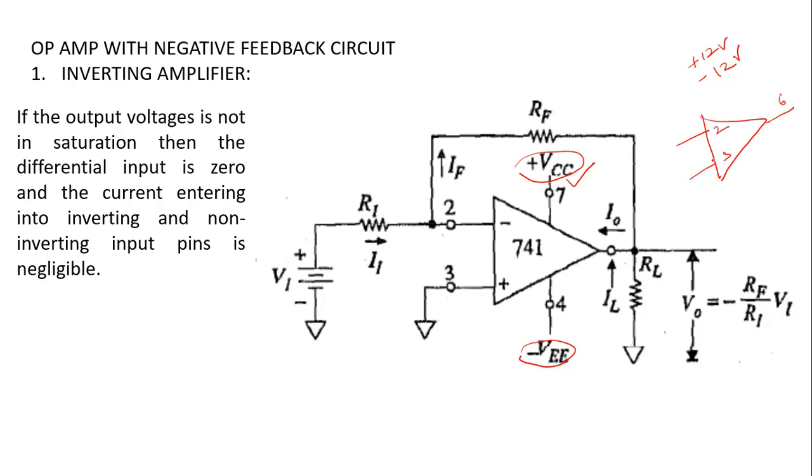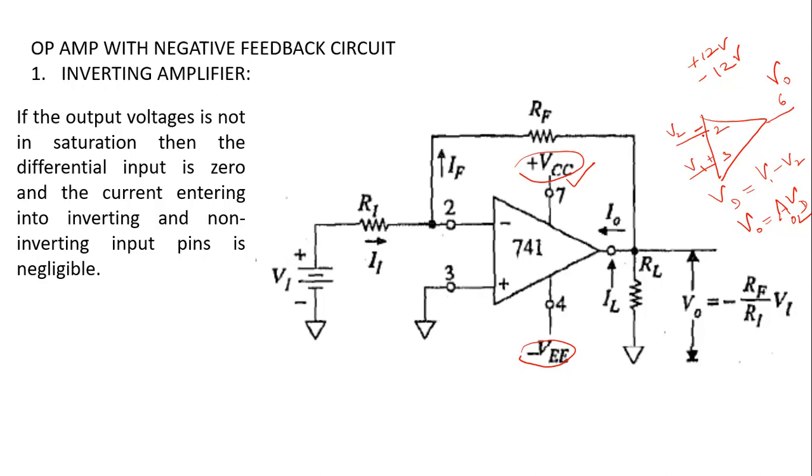Pin number 3 is the non-inverting input, with voltage denoted as V1, and pin number 2 is the inverting input, with voltage denoted as V2. So the difference voltage VD is equal to V1 minus V2. The output will be an amplification of the difference voltage with the open loop gain, A OL. So open loop means you are not connecting the output back to the input.